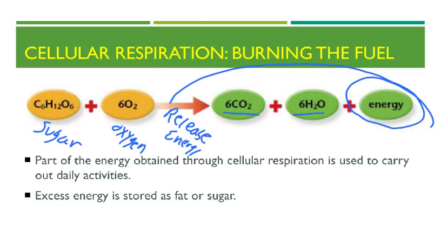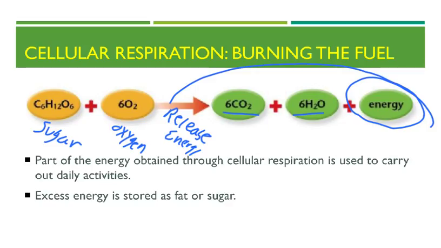If you look at this, except for the type of energy, it is the exact opposite of photosynthesis. The products of photosynthesis here are our starting reactants of respiration, and our products of respiration are our starting materials of photosynthesis. The big difference is the type of energy.